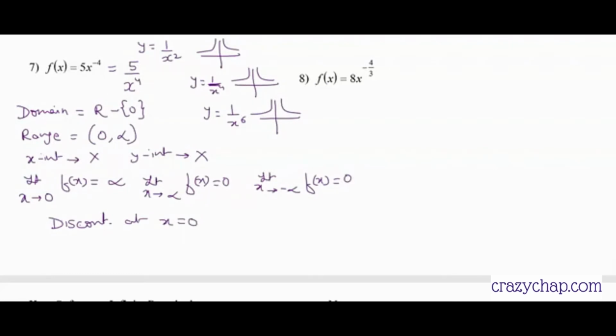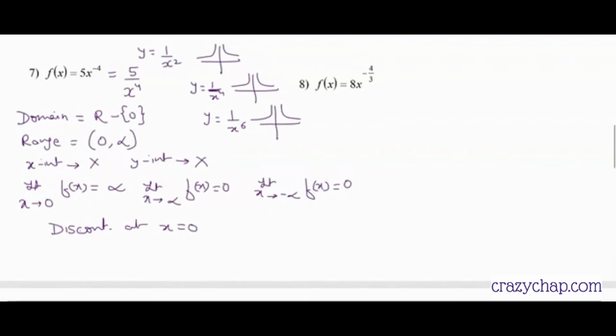So yes, it is increasing from negative infinity to 0 open and decreasing from 0 open to positive infinity. Good guys? Okay. Let's come to question number 8. That is important.